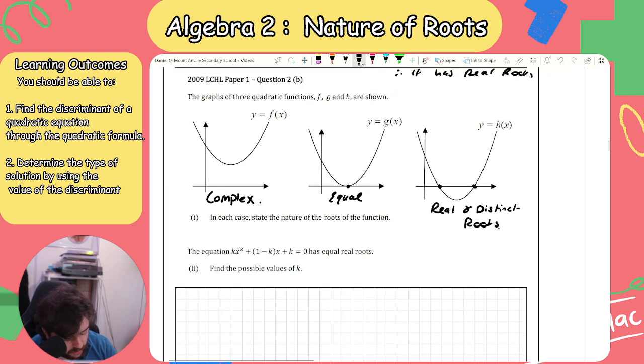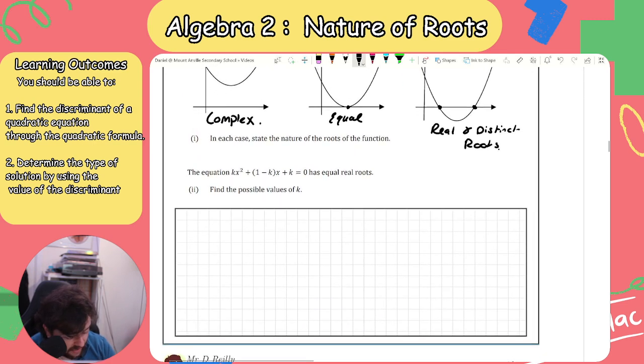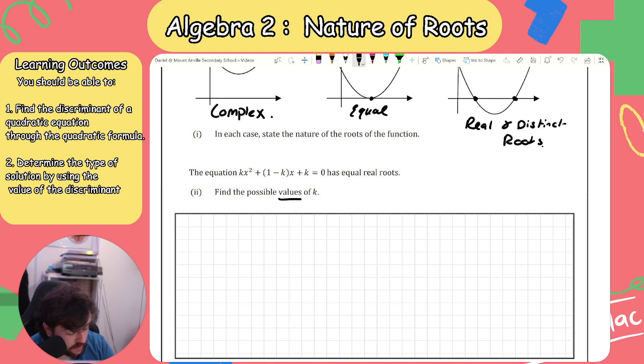Right, let's look at part 2. The equation kx squared plus (1 minus k)x plus k has equal roots. Find the possible values of k. So values, so remember you're probably going to have more than one value here. So b squared minus 4ac, has equal roots, therefore equals 0.